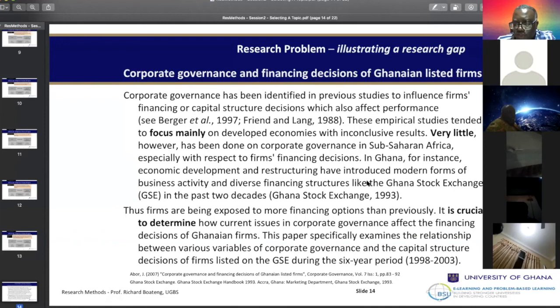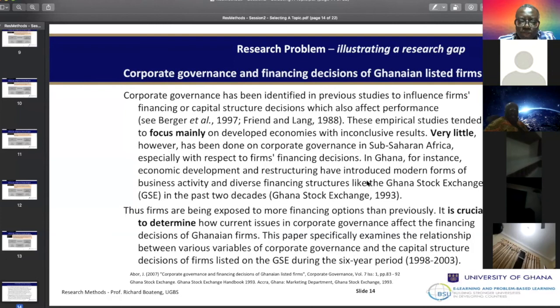Okay, so let's continue. What I was emphasizing here is the issues have been discussed from the developed country, then it goes to the developing country, then he goes on to Sub-Saharan Africa. Then he says, in Ghana, for instance, economic development and restructuring have introduced modern forms of business activity and diverse financing structures like the Ghana Stock Exchange in the past 2 decades. So it means that Ghanaian firms are now being exposed to more financing options than previously because now you have a stock exchange.